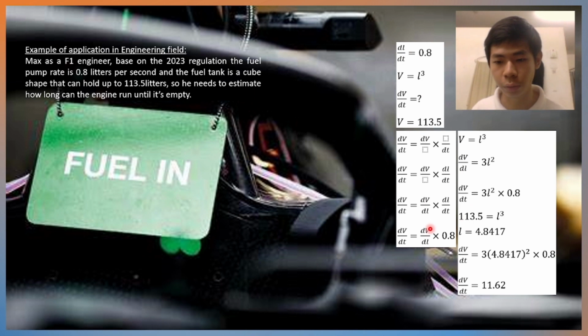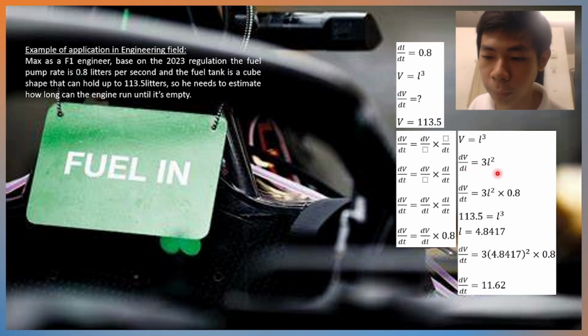Now the next thing we need to do is find dV per dL. So we just directly put in the formula for it. If we differentiate the formula, we get dV per dL equals 3L squared. The next step is just to substitute this into the equation. So we get 3L squared times 0.8.